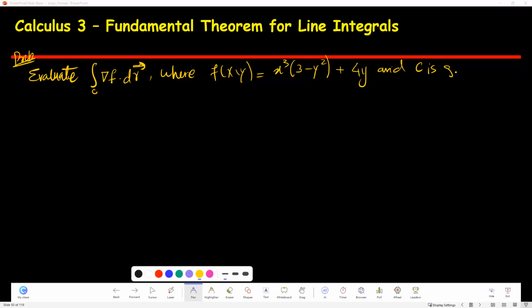C is given by this r. This time it is given in the parametric form, (3 minus t squared, 5 minus t), with t going from somewhere to somewhere, and the somewhere is minus 2 to 3.